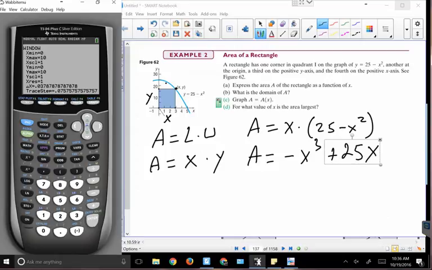If I put 3 in there, what's 3 times 25? What's 3 to the third power? 27. So it looks like it'd be 75 minus 27. So that puts us close to, well, put 100 in there just to make life interesting. And there we go. Graph.